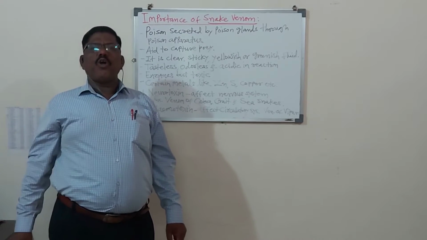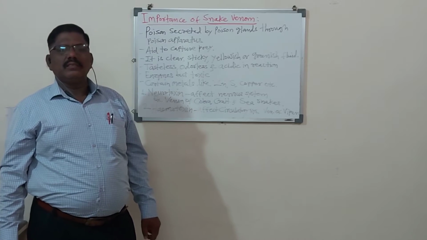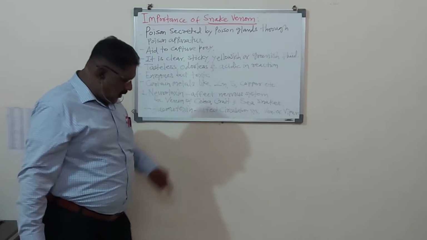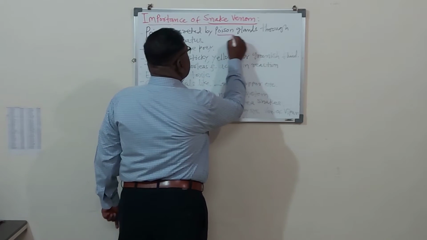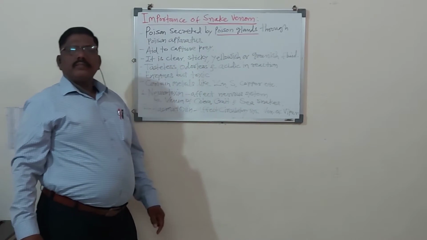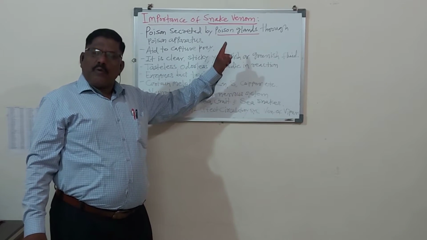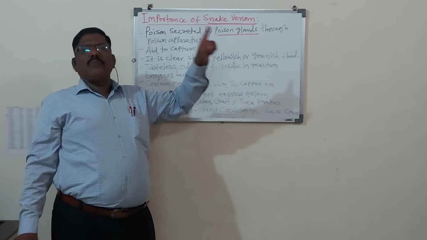That gland secretes the poison in the poisonous snakes. Remember, the poisonous glands are present only in the poisonous snakes and absent in the non-poisonous snakes.